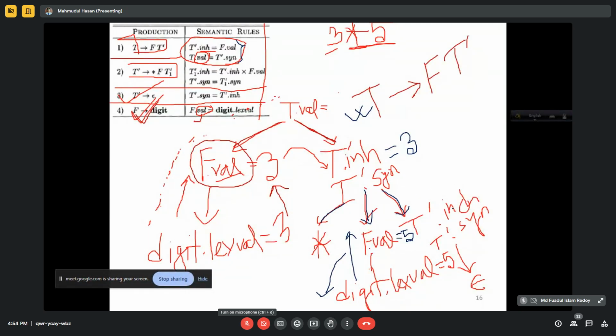When you go here, T dot inherited is an inherited attribute. Then which production rule do we need to follow? The second production rule.